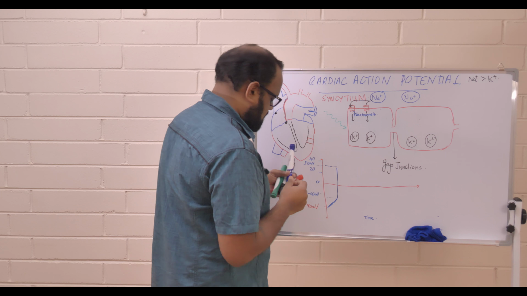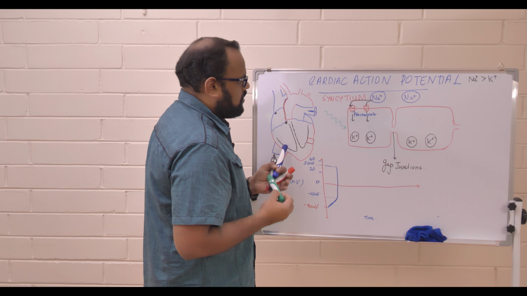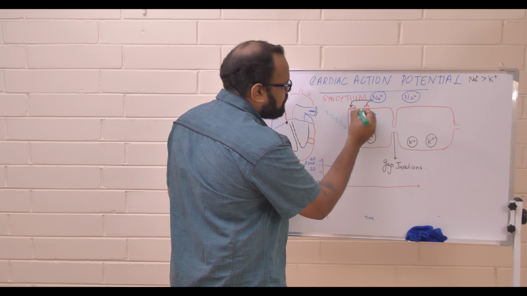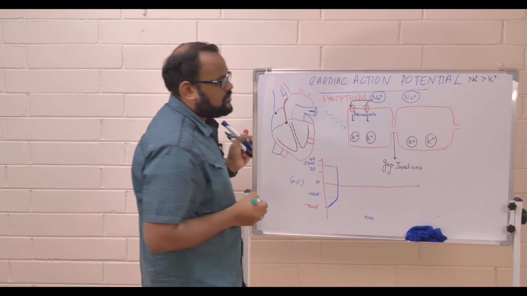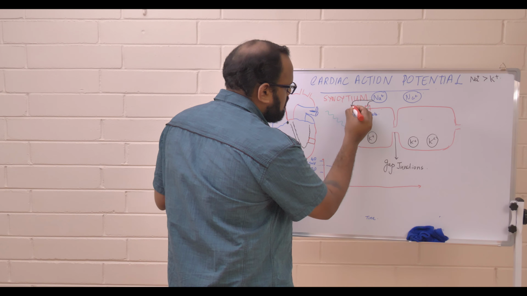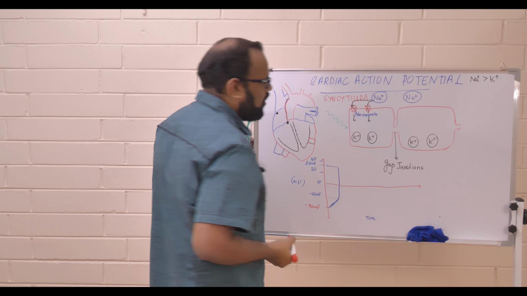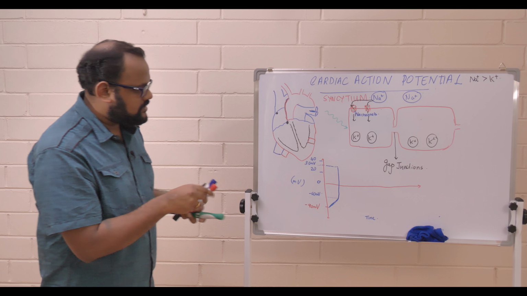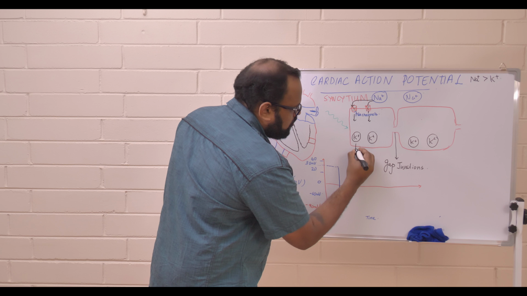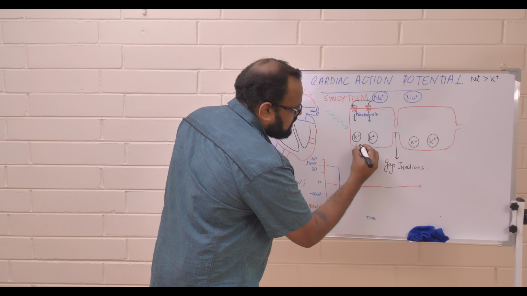And then what happens is, these sodium channels get closed. So there is a rapid closure of sodium channels. And there will be another channel which opens, which I call the potassium channels.